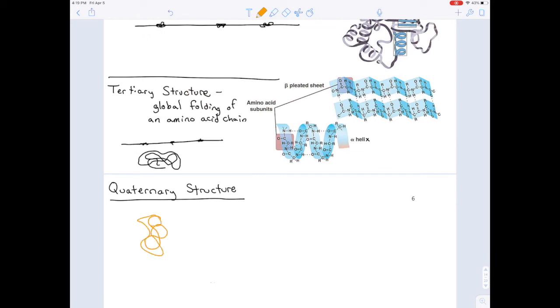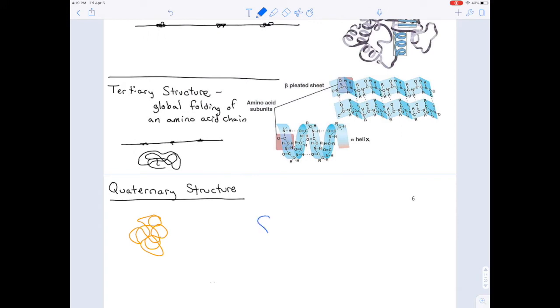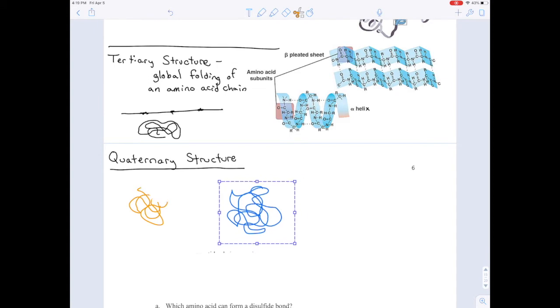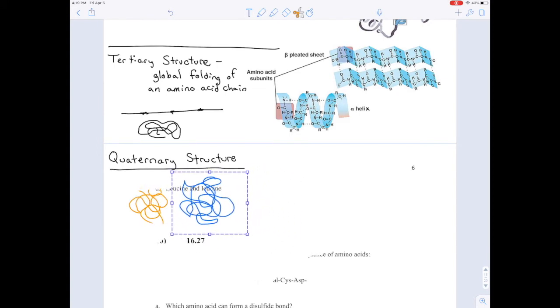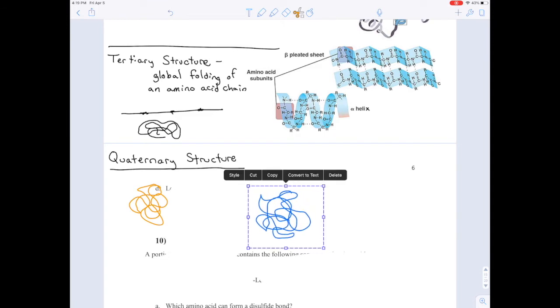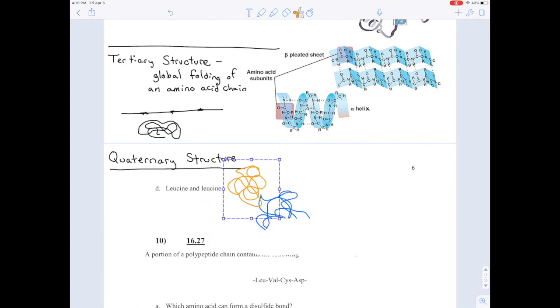This orange one is one folded peptide. This blue one is a second folded peptide, globally folded. If you have more than one peptide, they come together. They come toward each other and they clump.